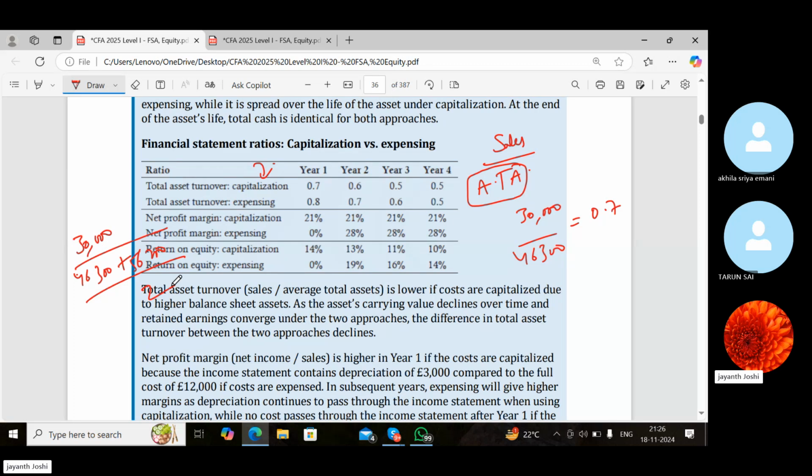So 30,000 divided by 51,250. 0.58, it's coming to 0.6. Okay, so you have to continue and carry on for the coming years also.